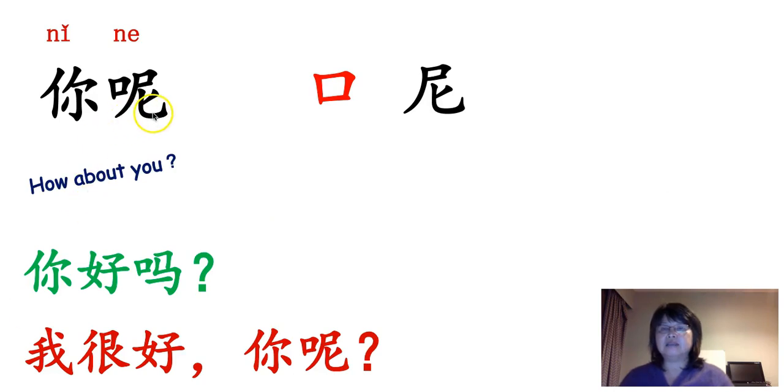你呢? 你呢 means how about you? 呢 here doesn't have actual meaning, it's a particle. The left hand side is 口, mouth, so it's coming from the mouth. It's a question ending word.